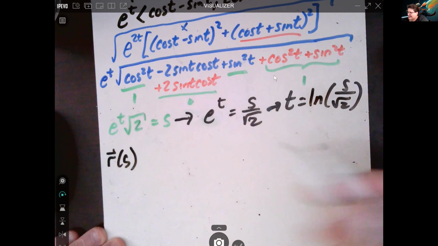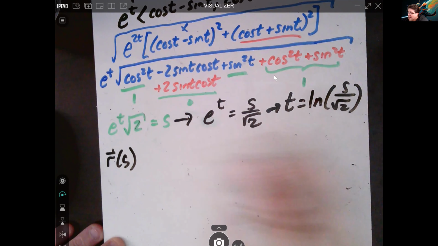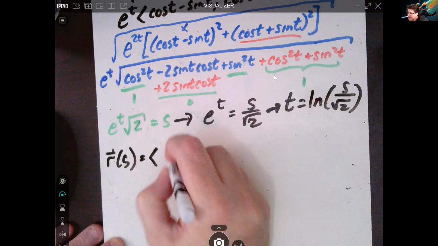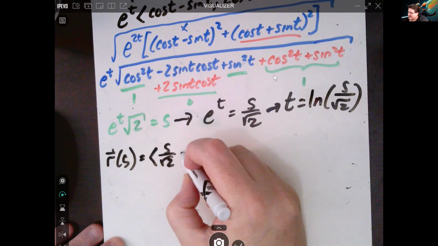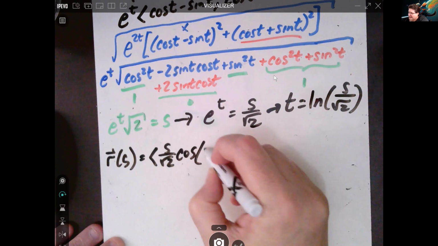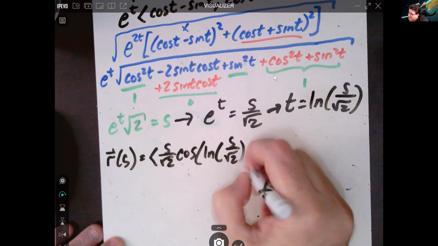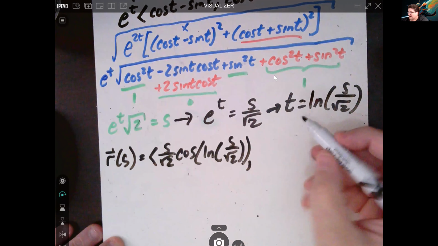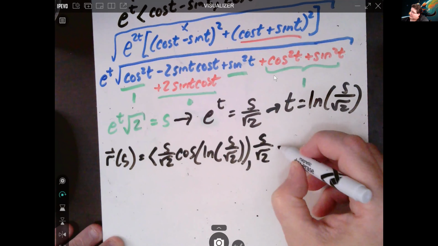So e to the t is going to look like, e and the natural log cancel out. I just get s over root 2 for the e to the t part. And then I've got cosine of the natural log of s over root 2. And this is just repeated, except we have sine.